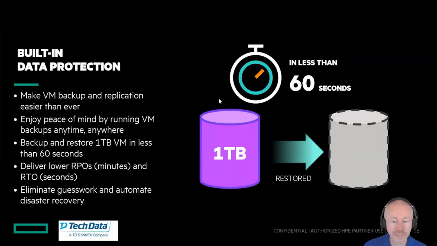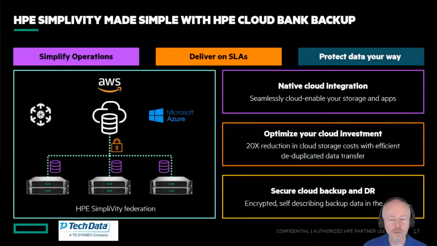So we have that really quick backup and that really quick restore, if that VM is sitting, with all those pointers, all those backup data blocks, within the SimpliVity node. Now, of course, to simplify operations on the long term as well, HPE SimpliVity now has an integration with Cloud Bank Backup, which is HPE storage in the cloud, which you pay per terabyte.